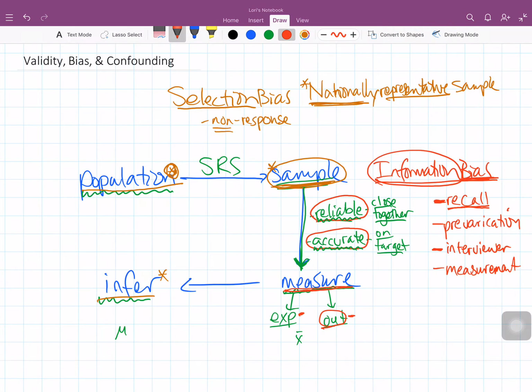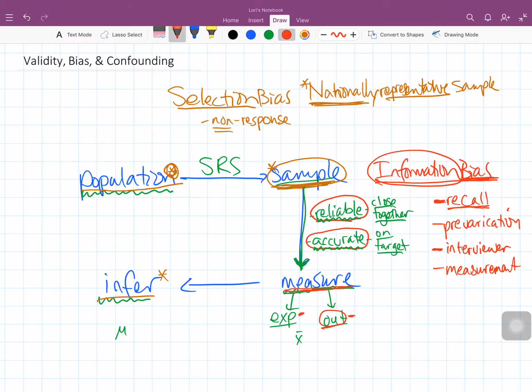And then let's say maybe your cases all go to a different clinic, and they have a scale that measures much more reliably and accurately. They're on target, and so they don't weigh too light. And so those two groups would be biased from each other. They would be measured differently.